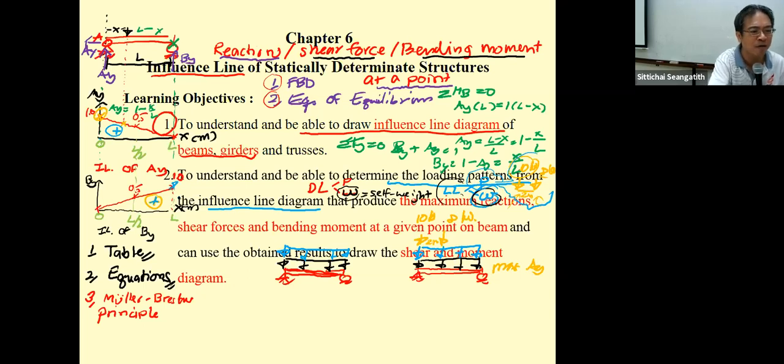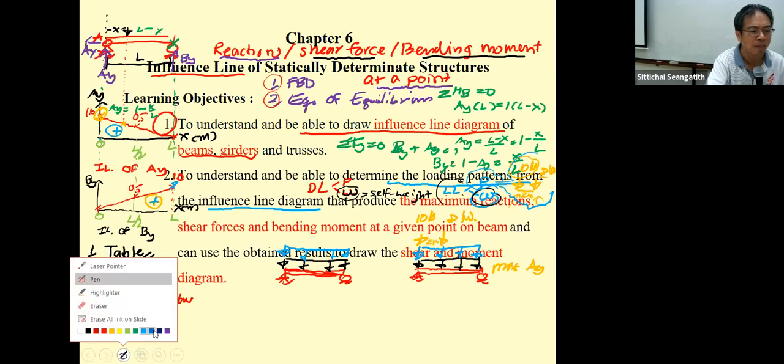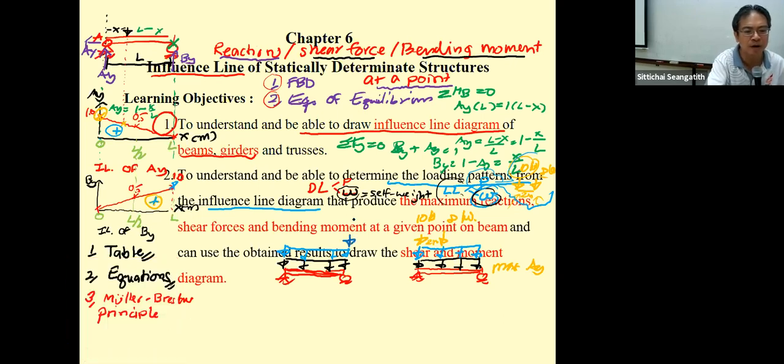We have one over here, which is maximum. So by doing this, we put 10 kilonewton here, and 2 meters from here we put in 8 kilonewton. You can see this is going to produce maximum B sub y, and the loading pattern for the maximum A sub y is different from the loading pattern for maximum B sub y. So that is what you are going to determine.